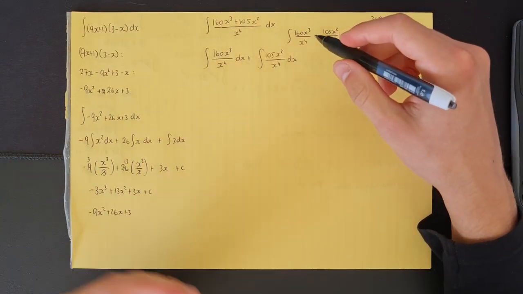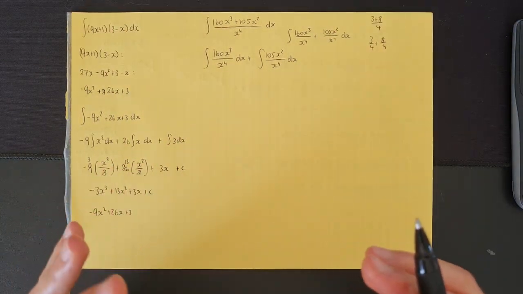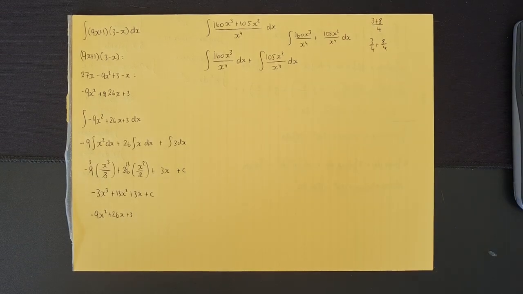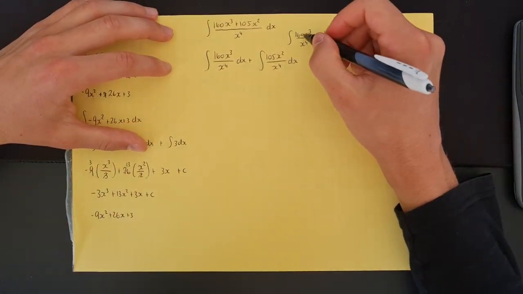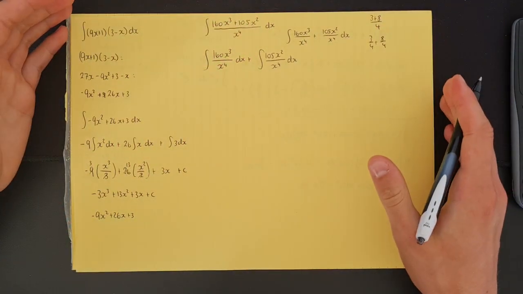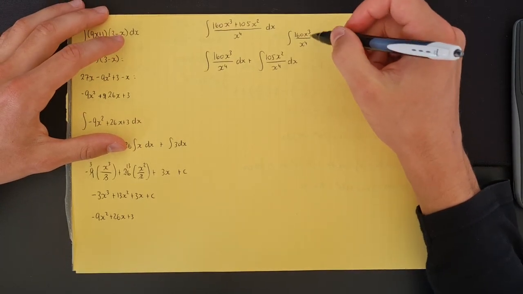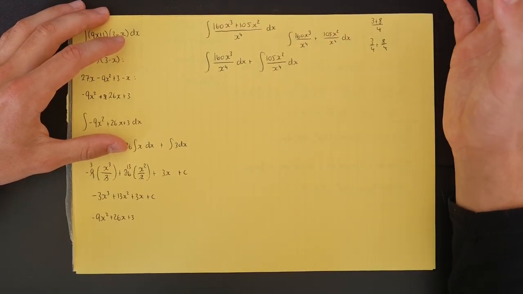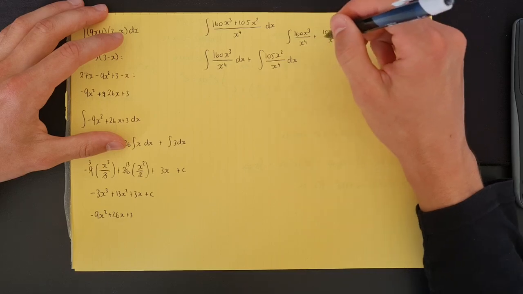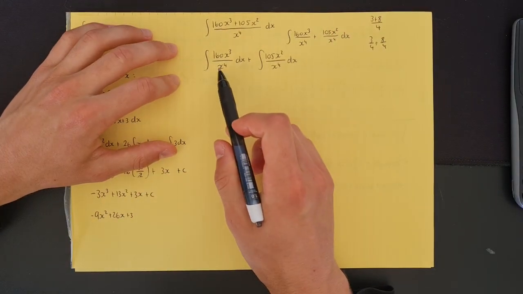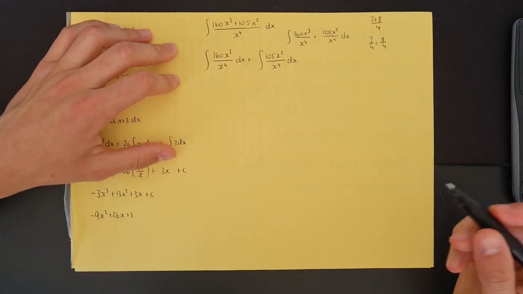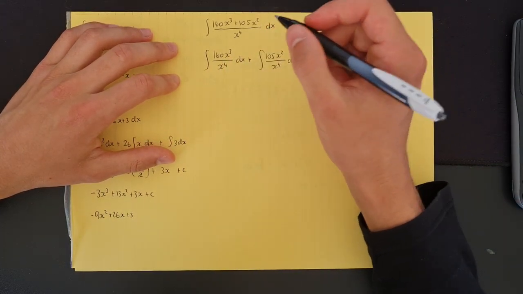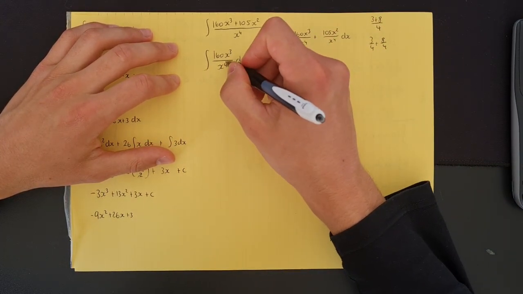And then from there, we can use the sum rule, okay, where if we have two separate functions within the integral, then we can break them down into two separate integrals like that. So now it becomes a little bit easier, right? Straight away, I can see, well, this is going to cancel out.